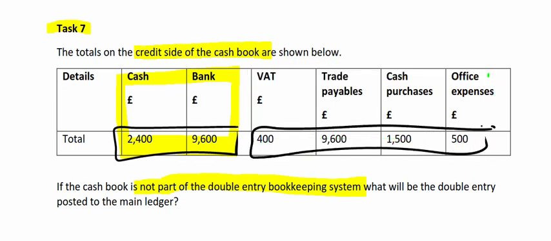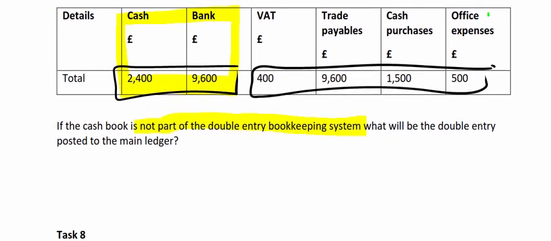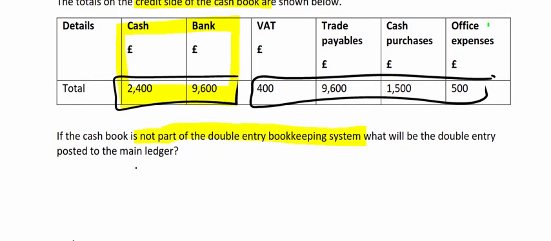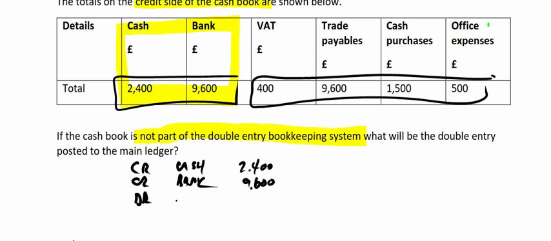Now in terms of the double entry, we need to post the credits to both cash, which is 2,400, and bank, which is 9,600. The analysis columns then show all the debits that should balance against that. So we'll have a debit to VAT of 400.